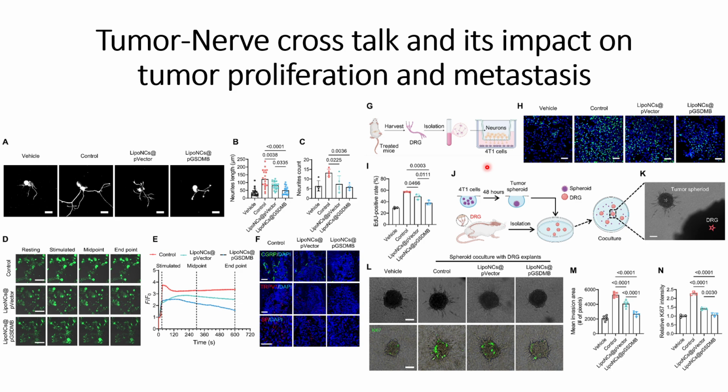So this indicates that Lipo-NC-pGSDMB causes suppression of the tumor cells. Afterwards they planned a 3D experiment where they developed a spheroid of the 4T1 cells and then co-cultured them with DRG from the differently treated mice.